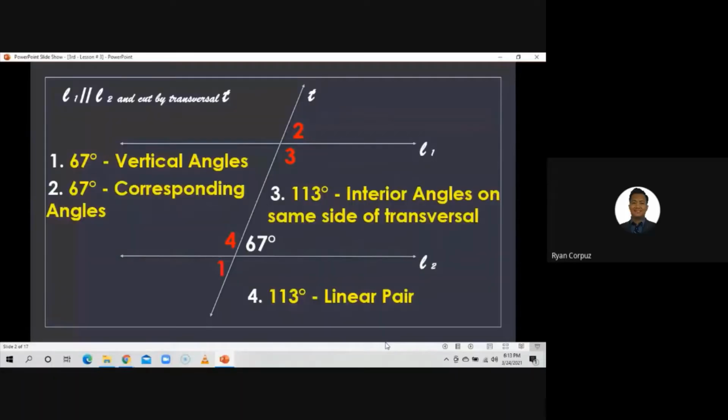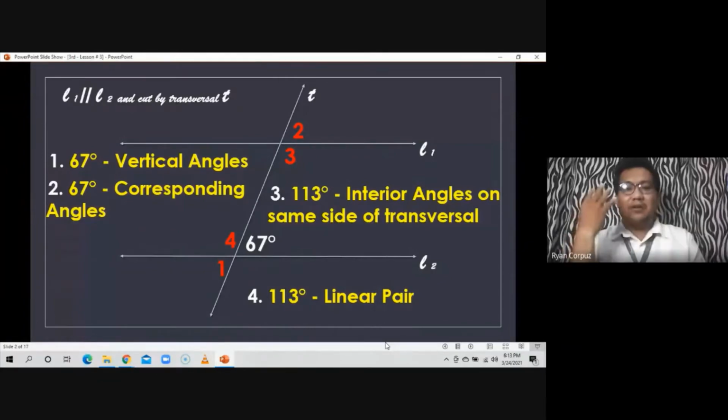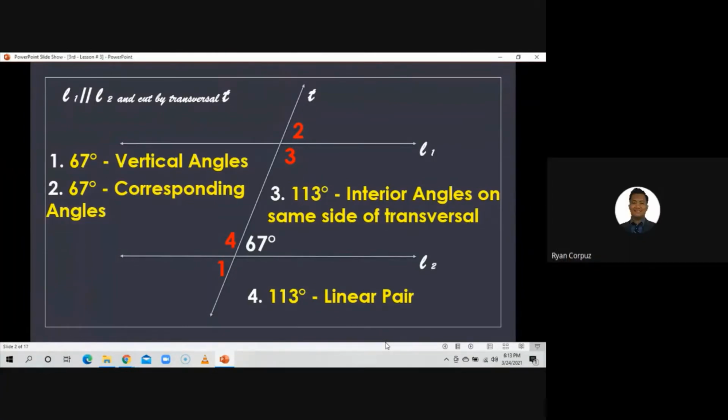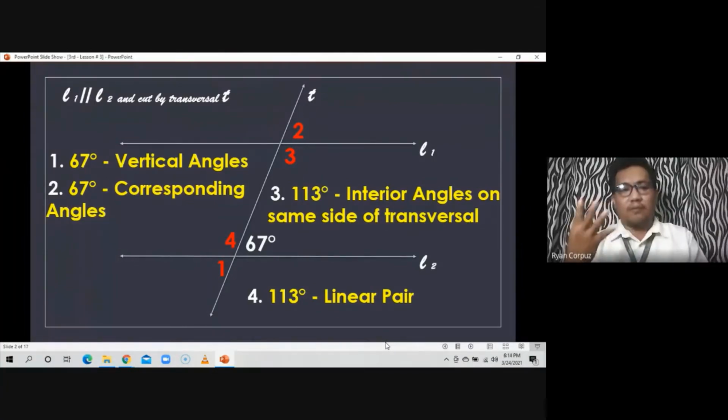So, the pairs whose measurements are congruent: first, corresponding angles, vertical angles, alternate interior angles, and alternate exterior angles. Those four, once you encounter them when parallel lines are cut by a transversal, that means their measurements are congruent.